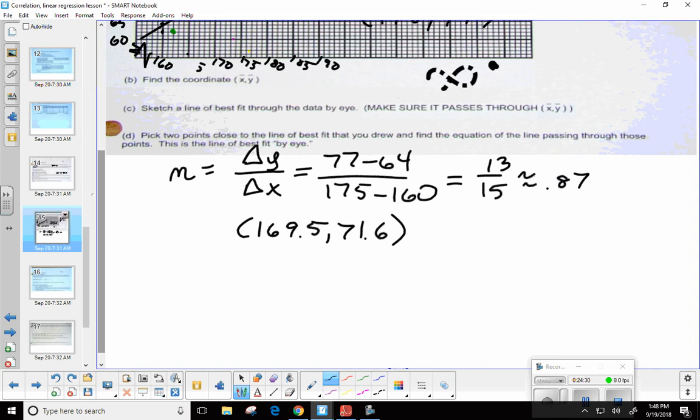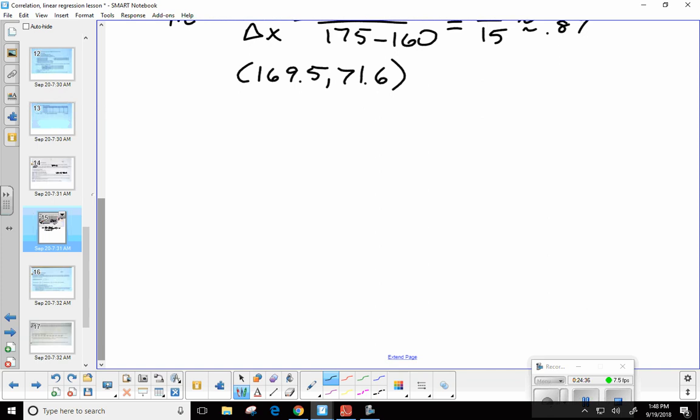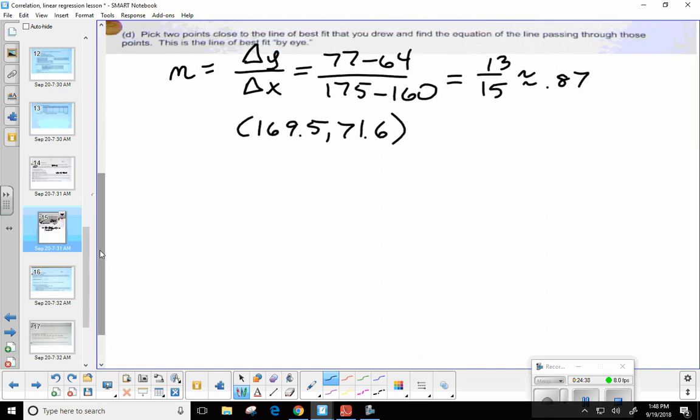Just so you remember this or get a refresher, let me list all the different forms of the lines that we have. You may or may not have been taught all of these back in Algebra 1 or Algebra 2. y equals mx plus b, we call that what? That's slope-intercept. We need the slope and the intercept.